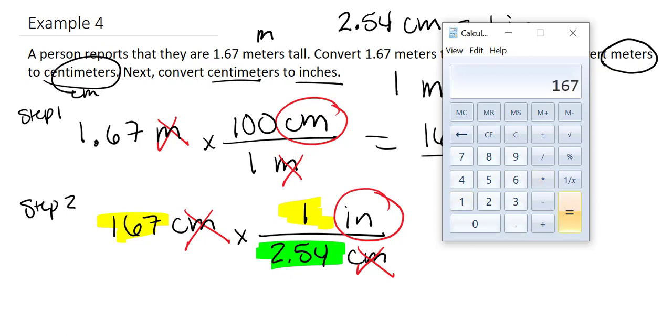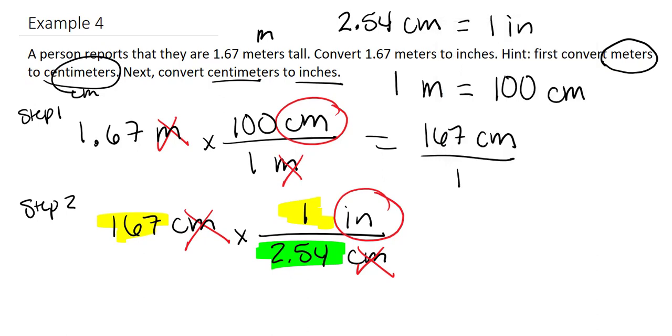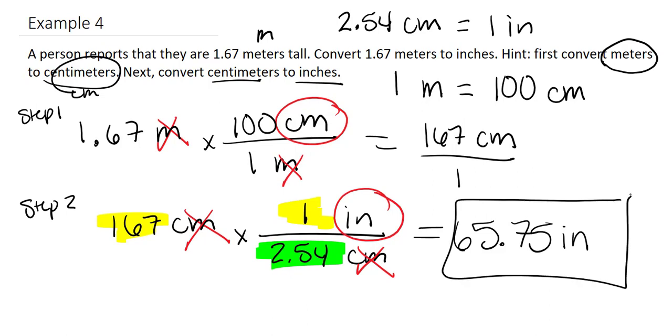We got 167 divided by 2.54, and we get 65.75. And now this is in inches. So if a person reports they are 1.67 meters tall, then they are 65.75 inches tall.